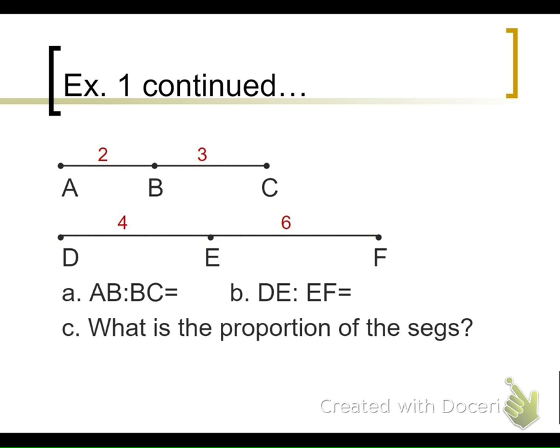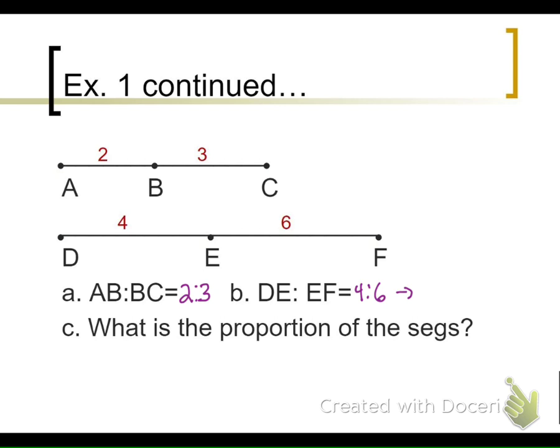We're going to look at our comparison of lengths of AB to BC. What is our length of AB? 2. What's our length of BC? 3. Since it was written with the colon, I'm going to continue to do this. So 2 to 3. And then we're going to look at DE to EF. What's the distance of DE? 4. And what is it of EF?